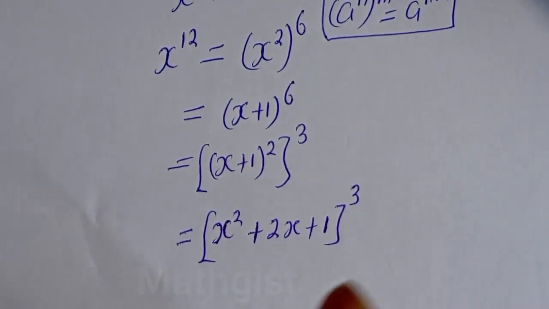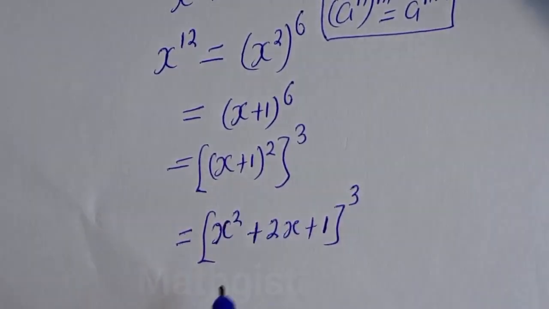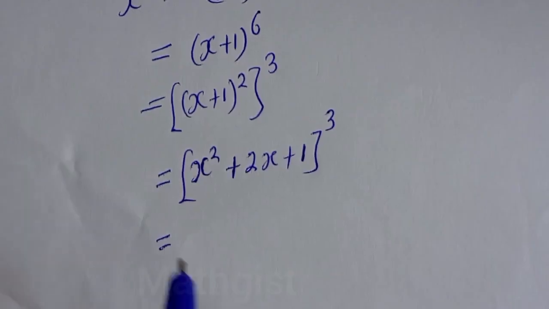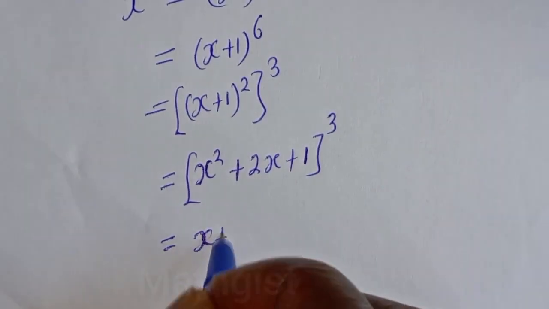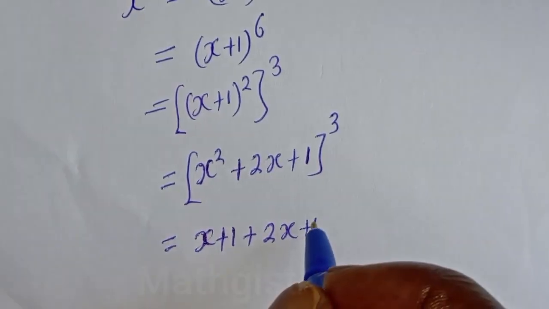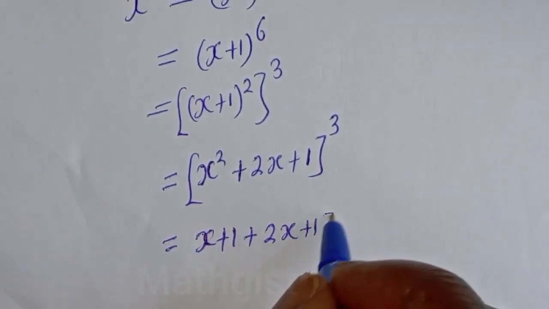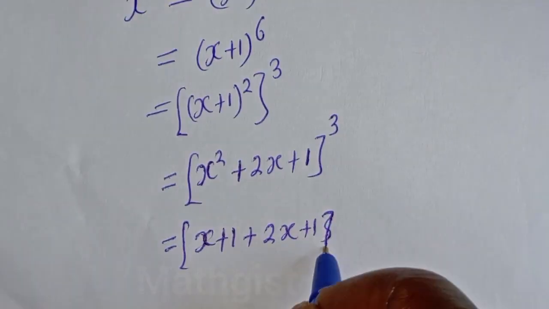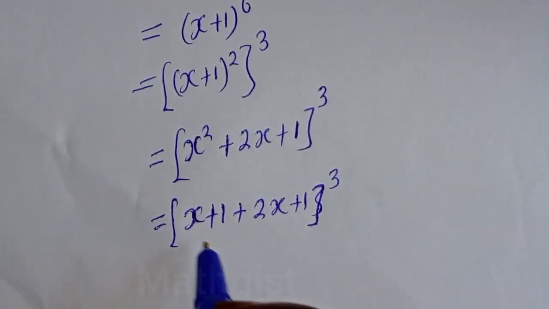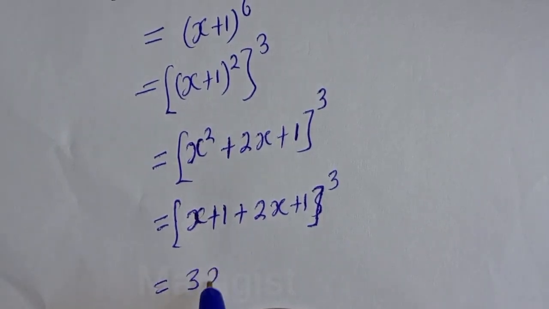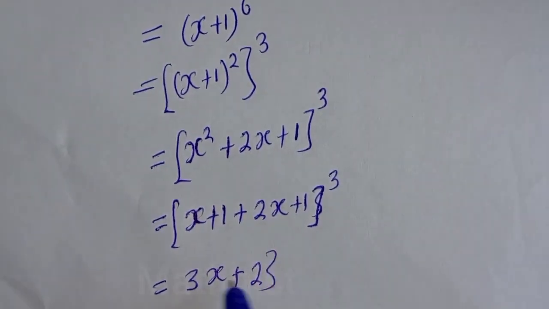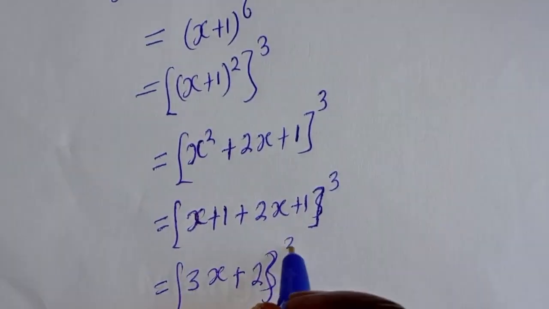We know that x² is x + 1. This is equal to (x + 1 + 2x + 1)³. Now, x + 2x is 3x, plus 1 plus 1 is 2, to the power of 3, so (3x + 2)³.